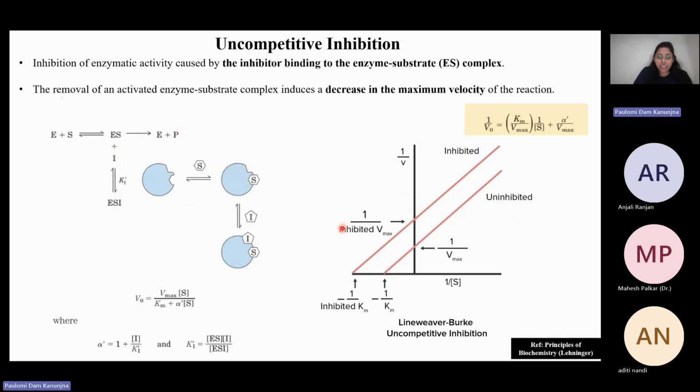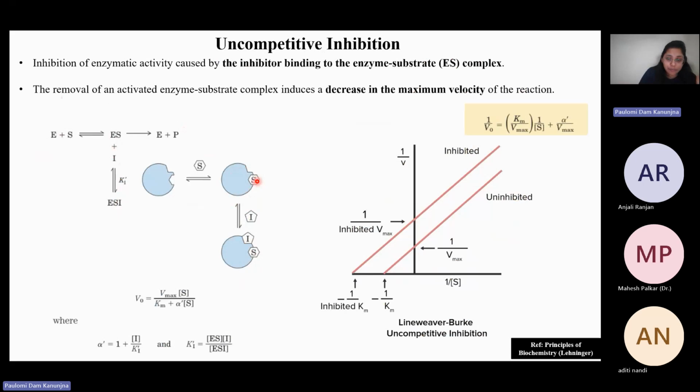So what happens on the kinetics? Here, your Vmax is decreasing because the enzyme is now trapped in the ES complex, which is why your total number of active enzymes goes down. This is what is happening with the previous inhibition also. Here, however, your Km is also decreasing because once the ES is forming, you don't have any free enzyme left.